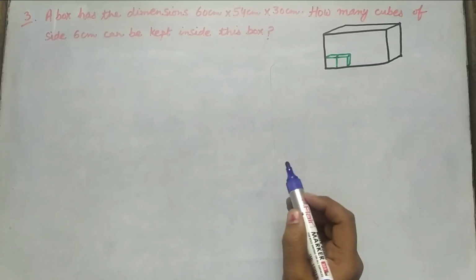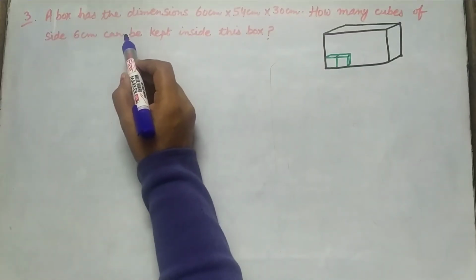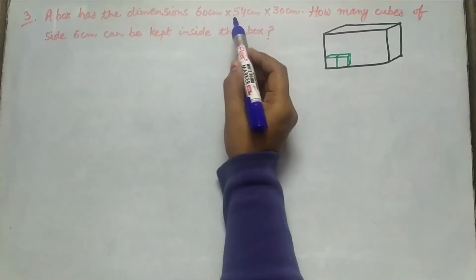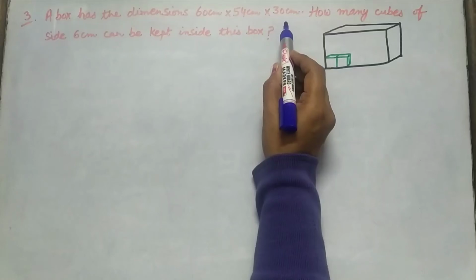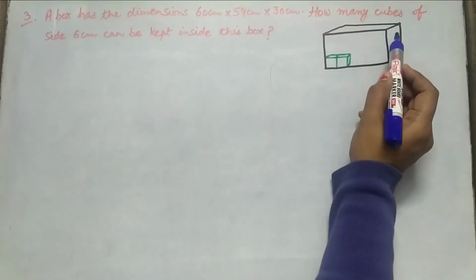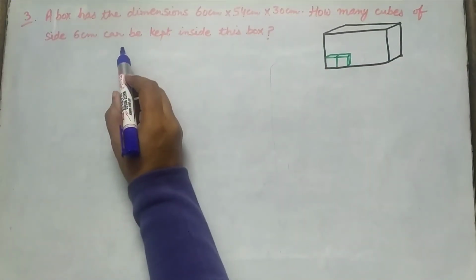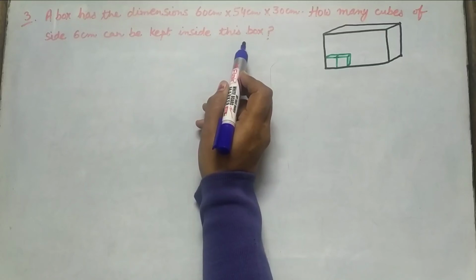Let us see one more question. A box has the dimensions 60 cm, 54 cm and 30 cm. How many cubes of size 6 cm can be kept inside this box?